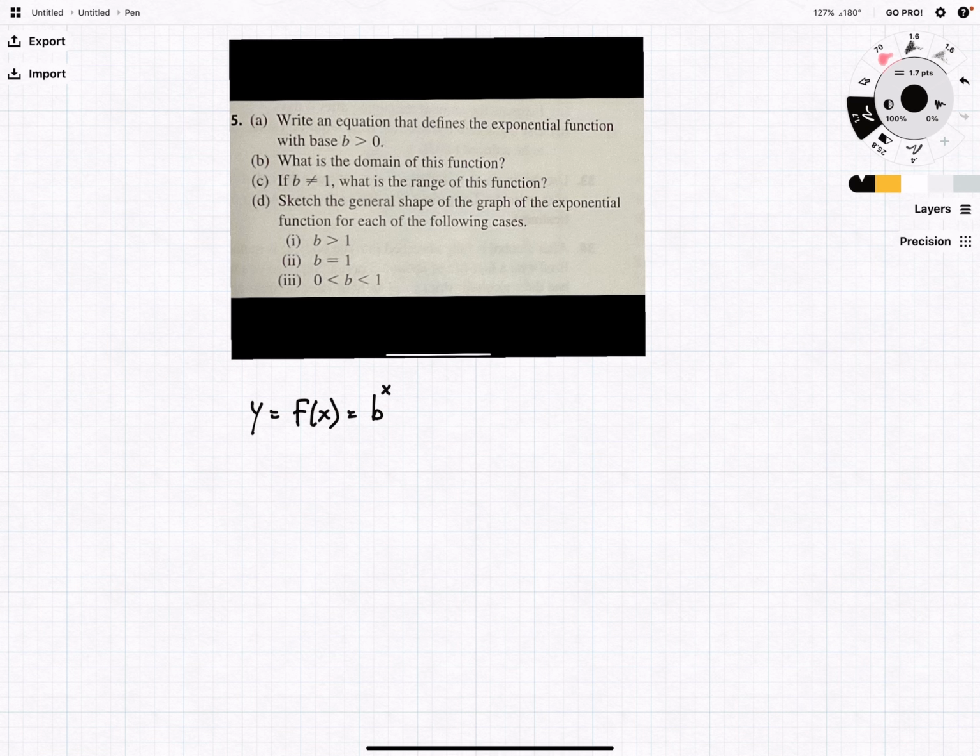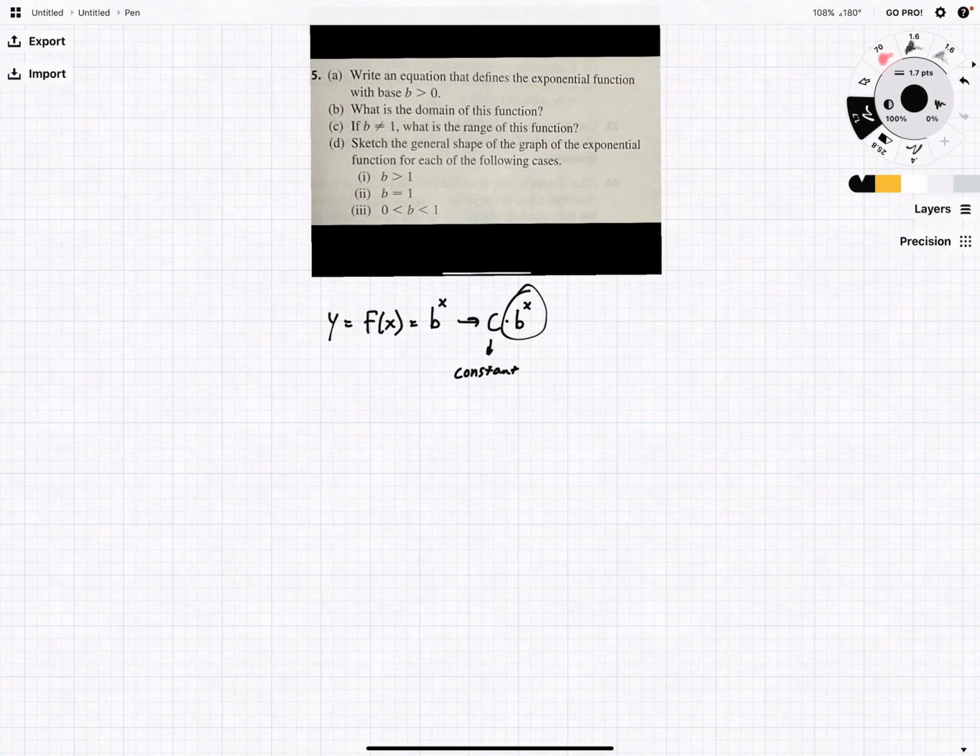You could have some constant multiple next to b as well. It could be c times b to the x, where c is some constant. But anyways, the general idea is just b to the x.